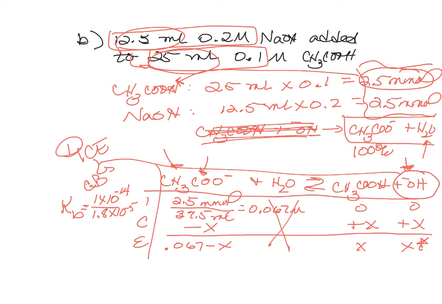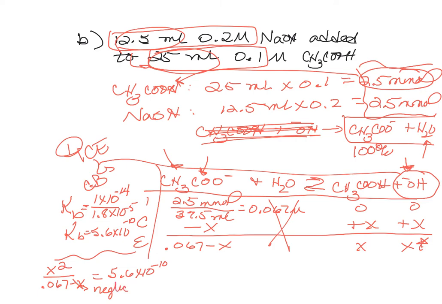So Kb for acetic acid, let me plug that in real quick, is 5.6 times 10 to the minus 10. All right, so we're going to go ahead and set up, so it'd be x squared over 0.067 minus x equals Kb. Kb is really small, so we're going to go ahead and neglect the x that is subtracted.